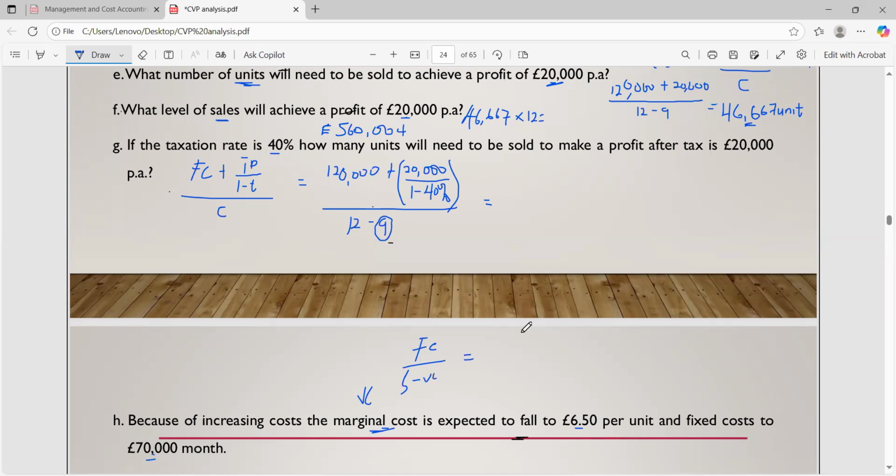What do we do then? Fixed cost has now changed to 70,000. So I have 70,000 over the sales of the 12 minus the variable cost or the marginal cost of 6.5. Now you are supposed to determine BEP in units. Is it difficult?